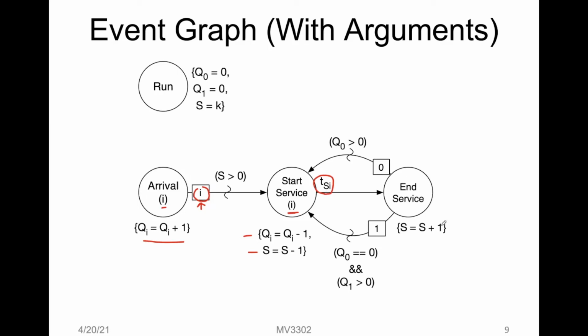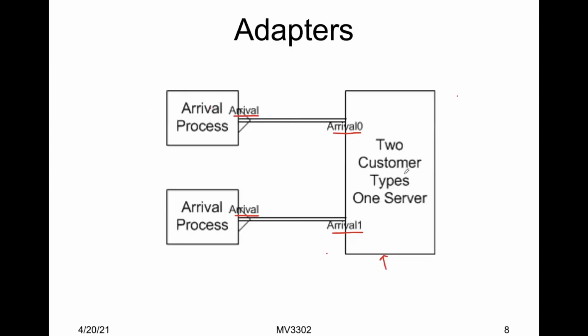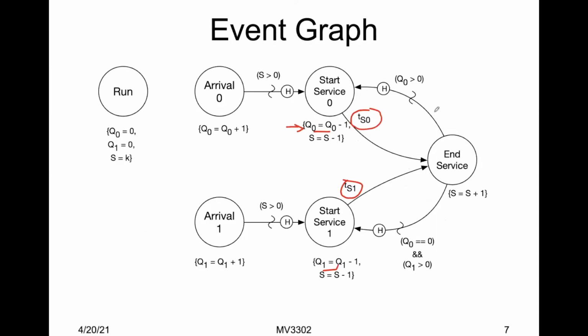Now, end service doesn't have an argument because it doesn't have a need for one. Its state transition doesn't have an index, as I always increment the server. But what's tricky now is, I have one scheduling edge back to start service 0 and another one to start service 1, each with different conditions.